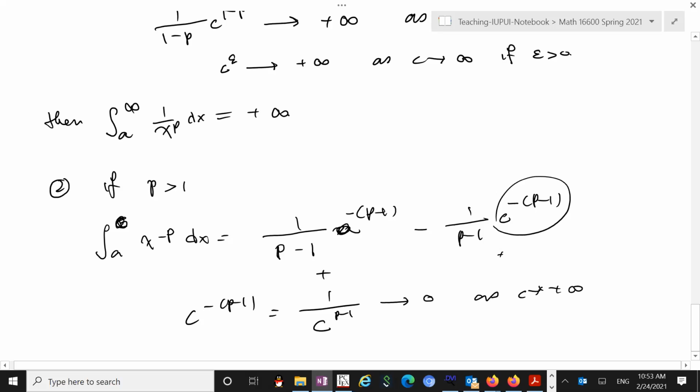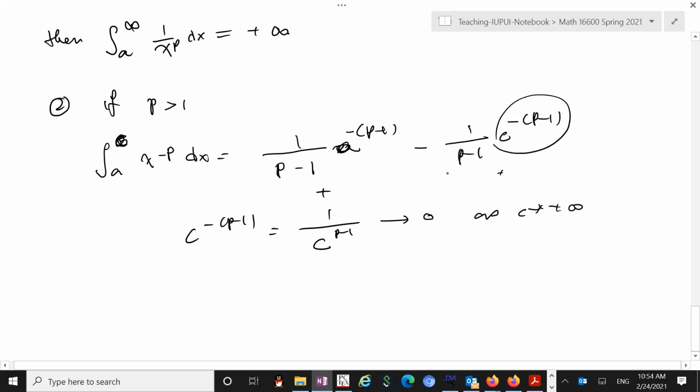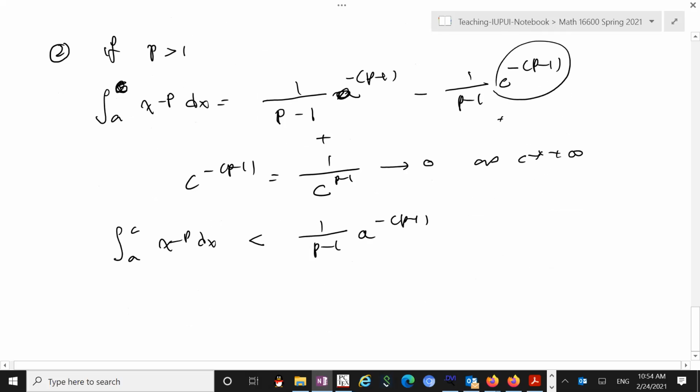So this term is subtracting a positive term, and what you see from above is that it's always less than this number, because I subtracted another positive number. And the limit is going to be equal to that number.